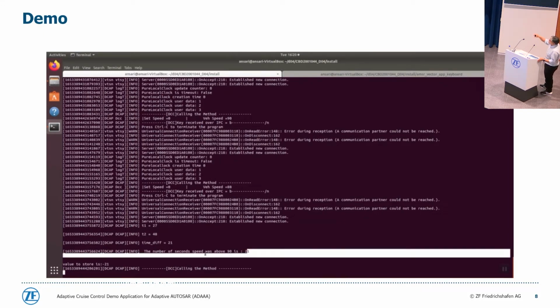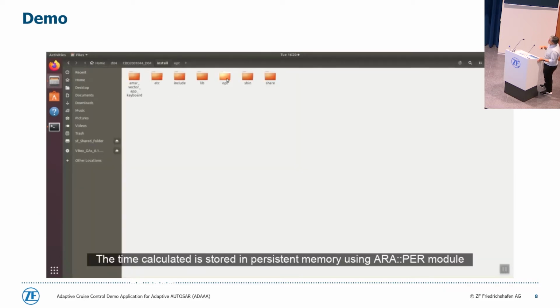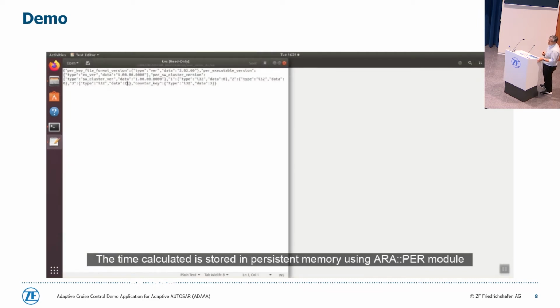Yeah, so I think in the end what he's showing here now, I think I missed a bit of it, is that indeed the drive cycle, the dangerous part, was 21 seconds, and he's now opening the key value store of the persistency and shows that it is in fact stored in that file that represents this key value store, and this is what you are looking for when you do a tutorial.